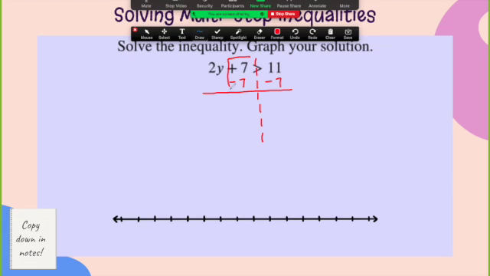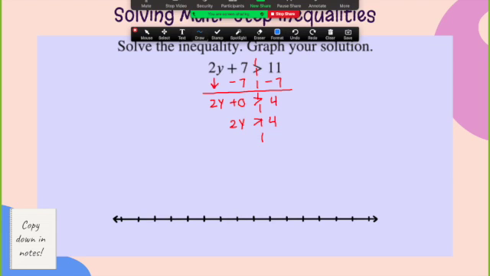And so these two 7s will cancel out with each other. I can drop down the 2y, and I'll be left with 2y plus 0 is greater than 11 minus 7. 11 minus 7 equals positive 4. Then I'm left with 2y being greater than positive 4.